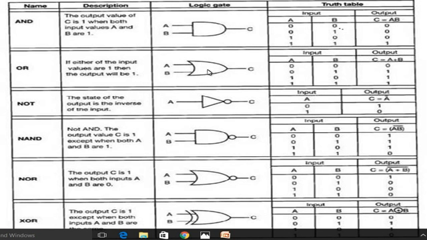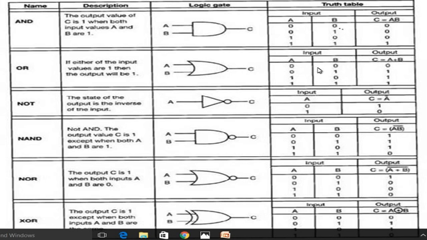Then second gate, OR gate. What is the logic for OR gate? Either A is true or B is true or both are true, then Y is true. See, case second, third and fourth, any one input is high or both the inputs are high to this OR gate, then this output C will be high.